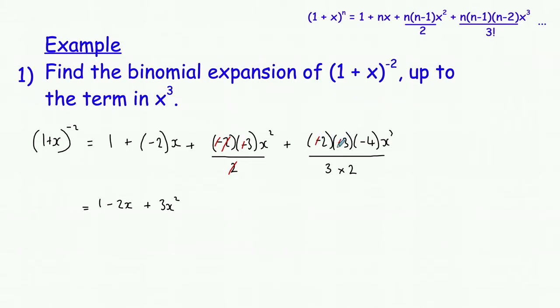It's going to be negative because I've got 3 minus signs. Then I'm going to cancel what I can. I can cancel that 2 with that 2 and that 3 with that 3. So that leaves me with 4x cubed. And I've gone up to the x cubed term, so that's the final answer for that example.